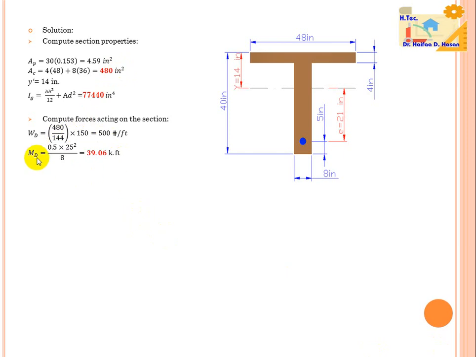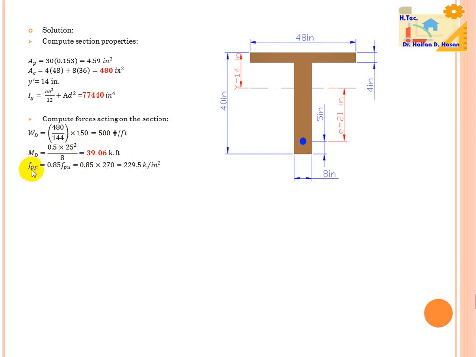And here the moment due to self weight equals 0.5 multiplied by 25 squared, the length of the beam, divided by 8, WL squared divided by 8.